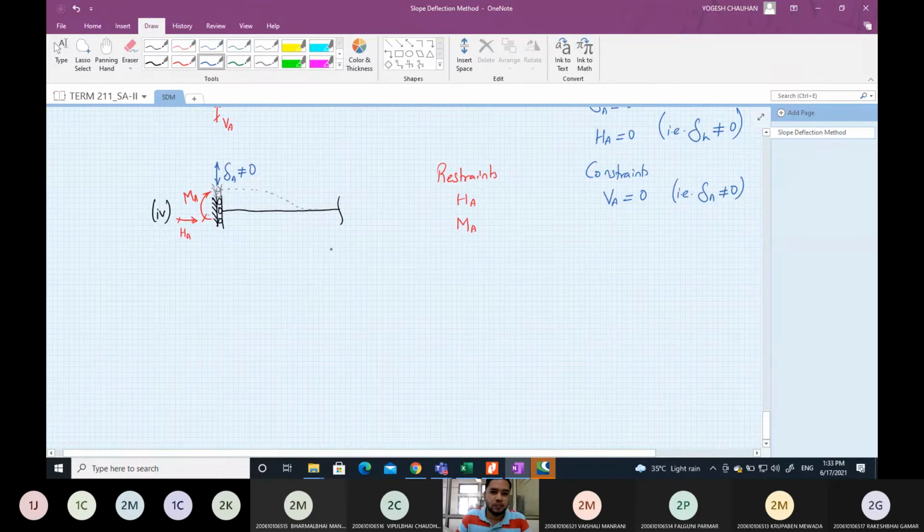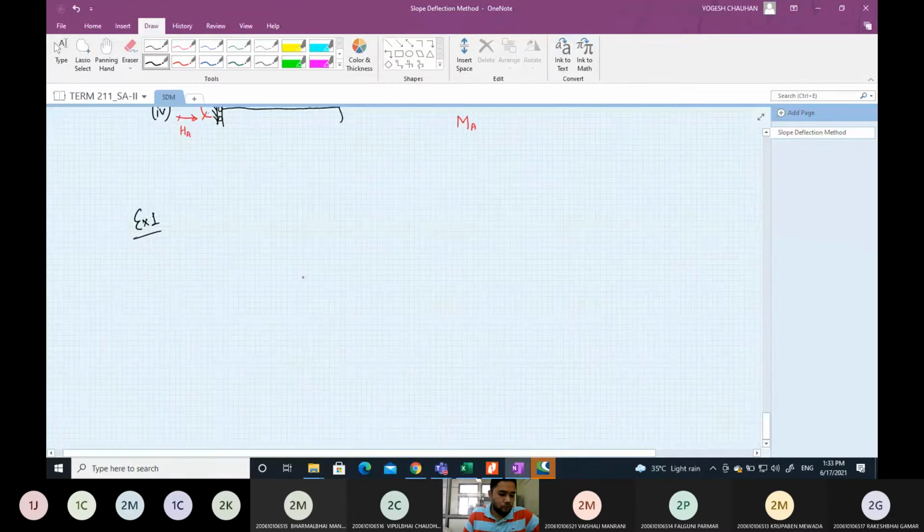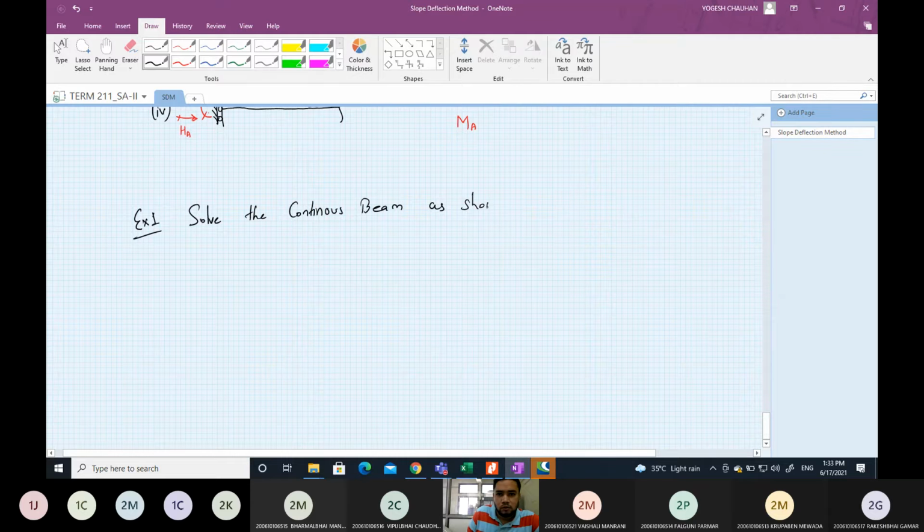With this, we'll start a numerical example. So let us start. Solve the continuous beam as shown in figure using the slope deflection method.